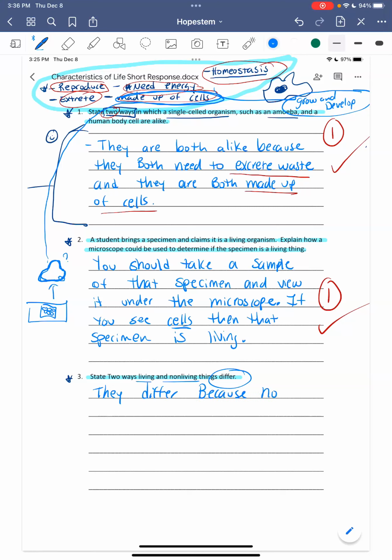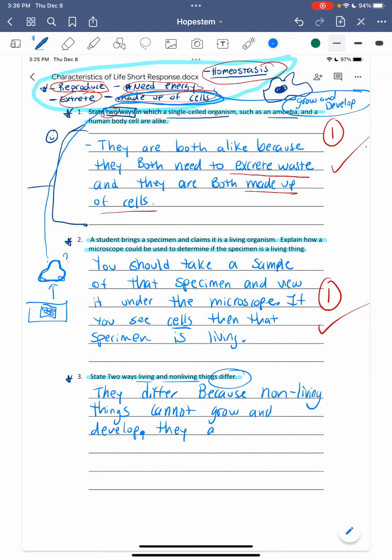because you want to focus on the non-living things. Non-living things cannot grow and develop. Period.